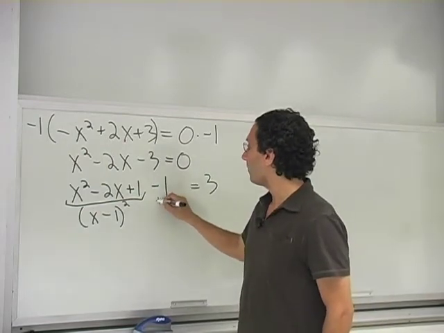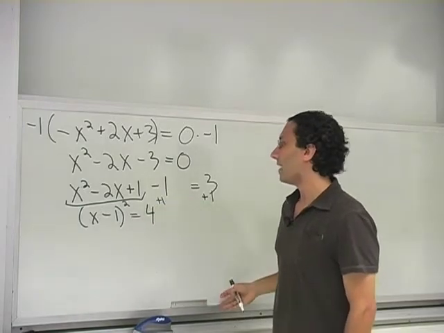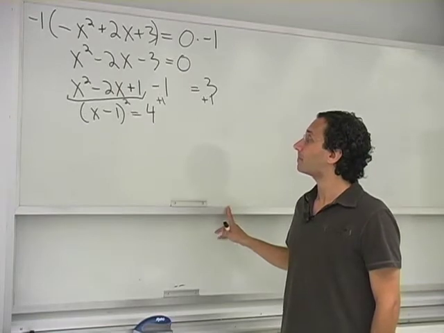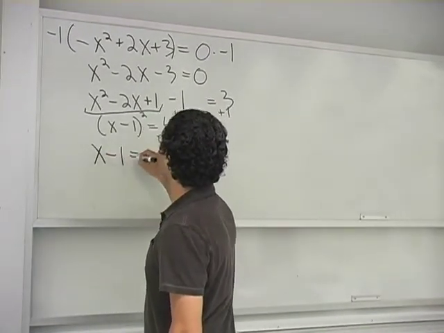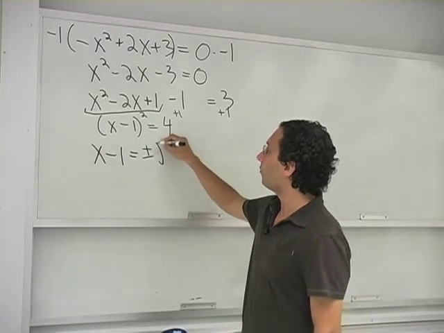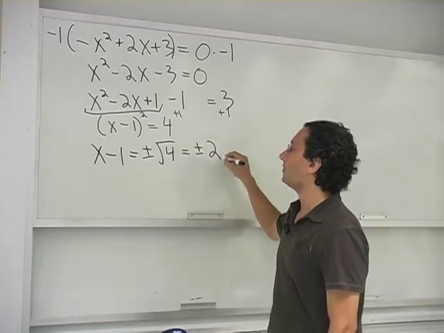And we can then add 1 to both sides to get that x minus 1 squared equals 4. If that's true, then x minus 1 is going to equal plus or minus the square root of 4, aka plus or minus 2.